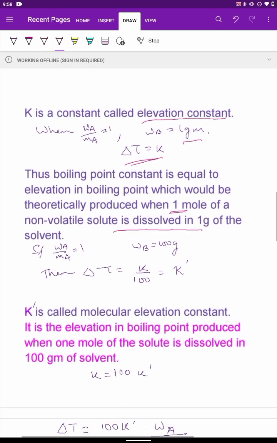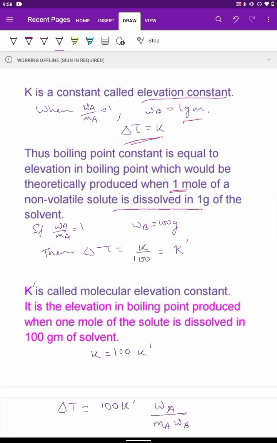If WA by MA is equal to 1 and WB is 100 grams, meaning the solvent is 100 grams, then delta T will be equal to a new constant K dash, called the molecular elevation constant, and K dash is K by 100, because initially we were taking 1 gram and now we are taking 100 grams of the solvent.